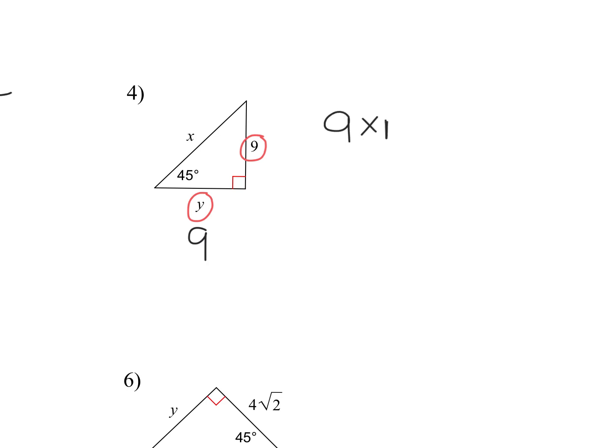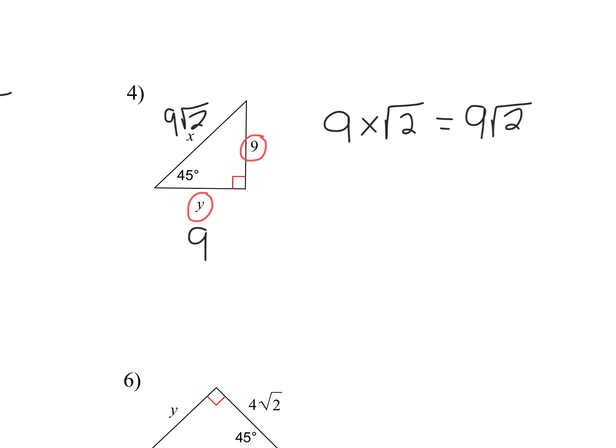Times by square root of 2. What is my answer when I multiply those two together? Right, good. 9 square root of 2. Why is it not square root of 18? Because they're not both radicals. Okay, so we have to keep them separate. And that just gave us our x, or our hypotenuse.